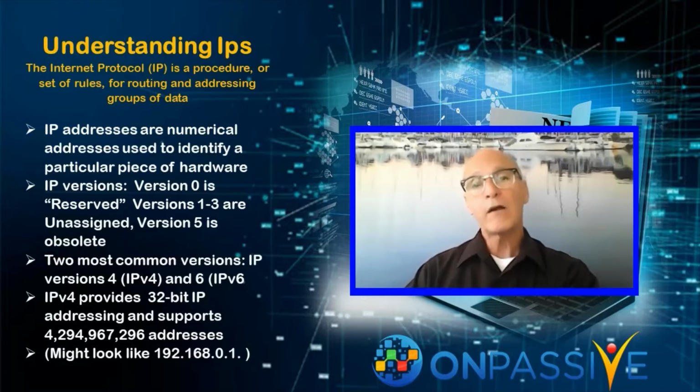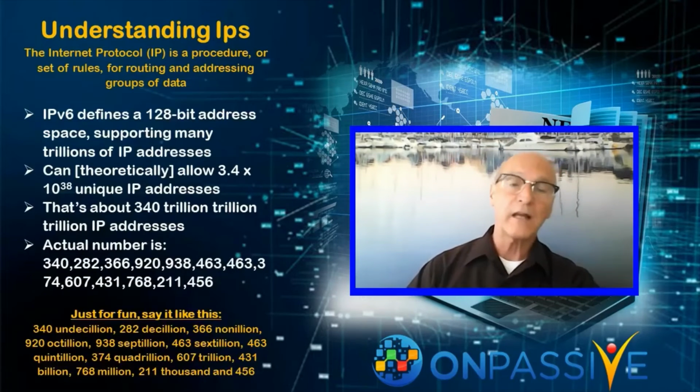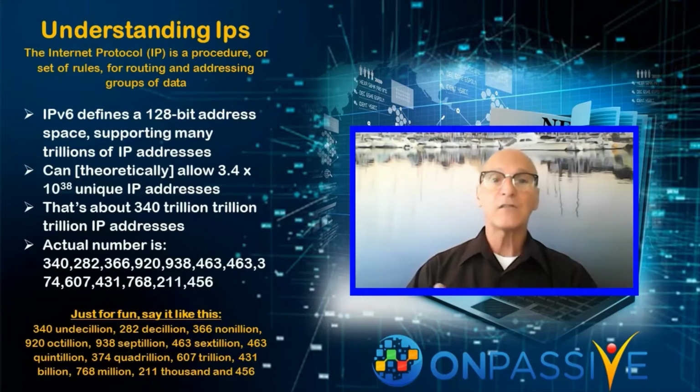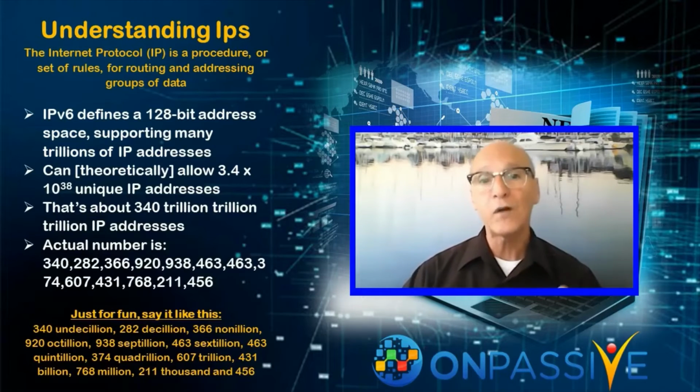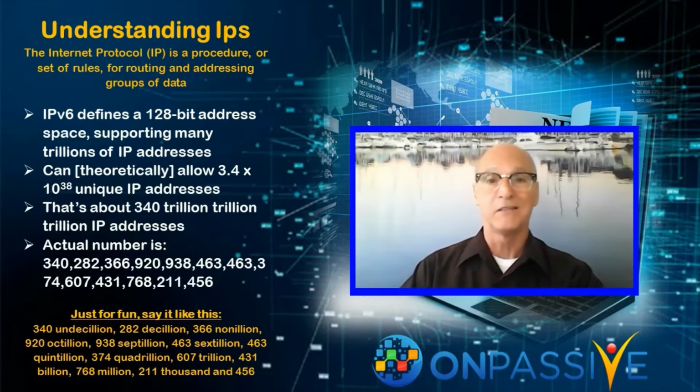However, if we contrast that to IPv6, IPv6 defines a 128-bit address space, which provides substantially more space than IPv4 did, with lots and lots of trillions of addresses. I mean, it's a big number. We'll get to that.